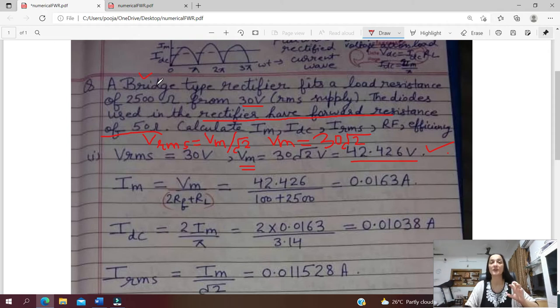That's why total series resistance will become equal to twice RD. If you denote this forward resistance by RD, or you can denote it by RF, it's up to you, twice RD plus RL.